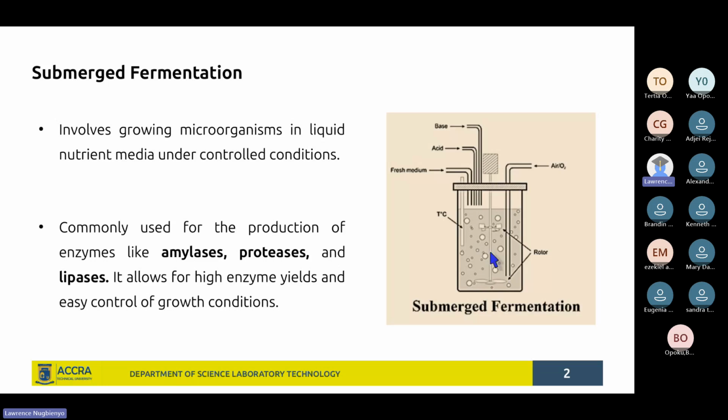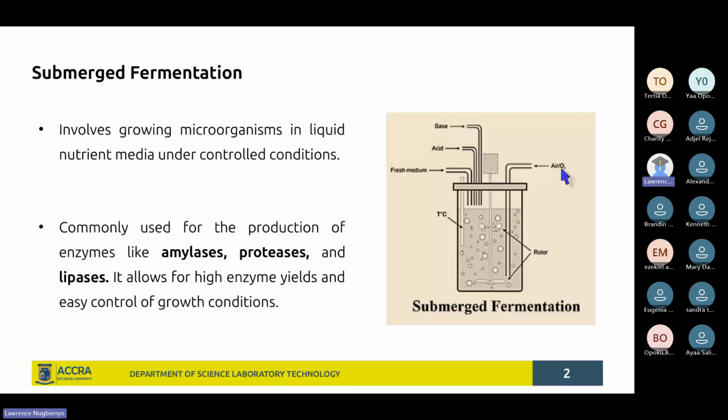You notice that there are some inlets. You have an inlet for, say, acid, an inlet for base. So this is just a representation. You have an inlet for some fresh medium, which is like the feedstock on which the microorganism is feeding. And of course, you have some air, oxygen also in there.